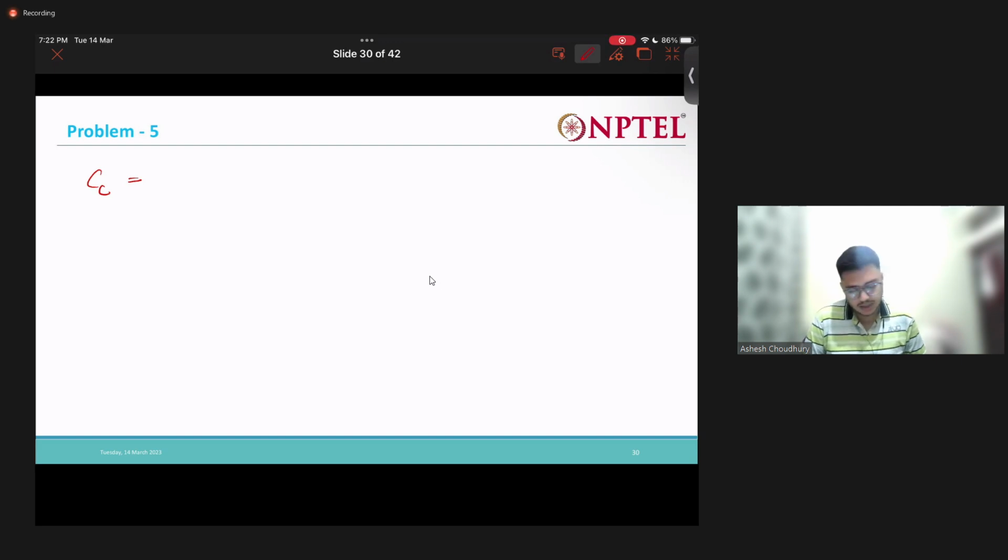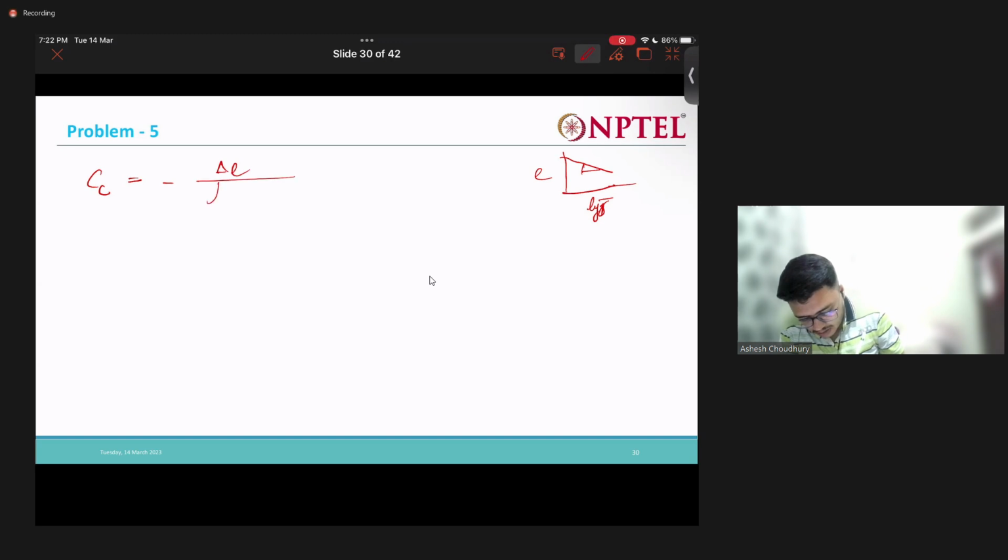Yeah, this is the slope of the void ratio versus log of the effective stress curve, right? If you plot void ratio versus log of the effective stress for normally consolidated soil, it will come like this, a straight line with reducing slope. So the slope of this line is actually my Cc. So Cc is nothing but minus delta e by log base 10 of sigma 2 by sigma 1.